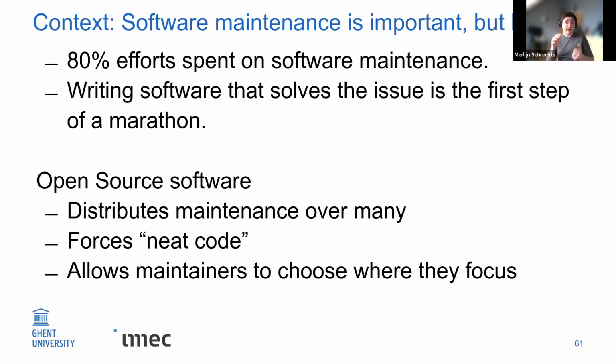So by developing open source software, you basically distribute the maintenance burden over many different parties, often competitors. But it also forces the developers of the software to create code that is much easier to maintain.